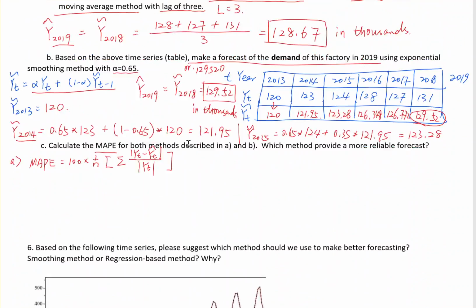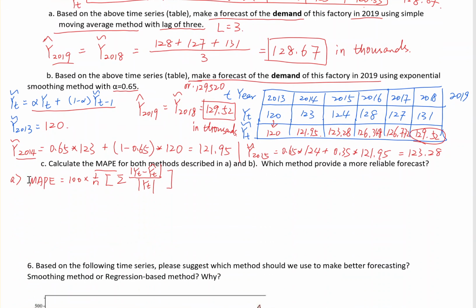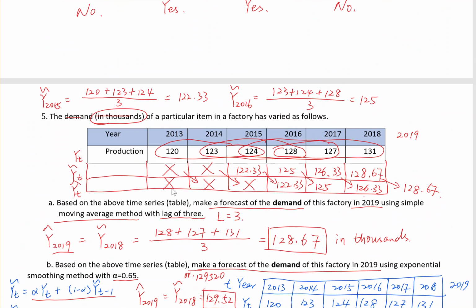Now come back to our question. We almost forgot what we want to do: we want to calculate the MAPE, so we want to find the pairs of yt and yt hat. Do we have the pair for 2013? No, because we don't have the predicted value. For 2014, again no. For 2015, no. Then you have one pair for 2016, 128 for yt, and yt hat will be 122.33.